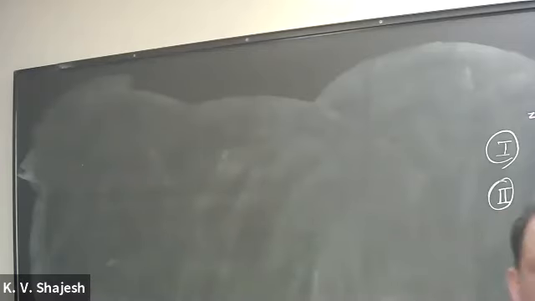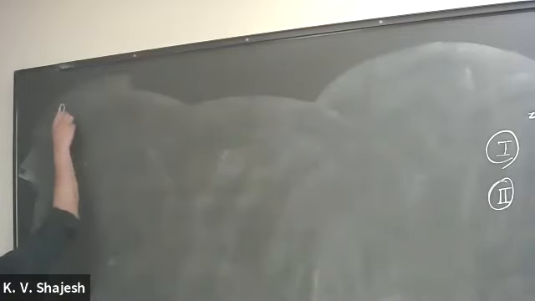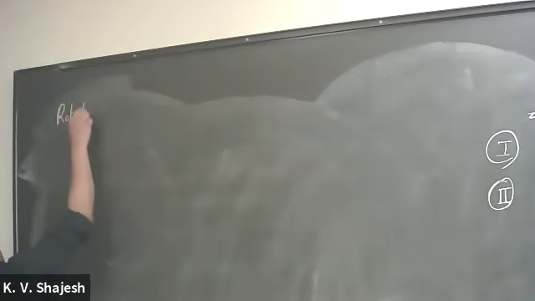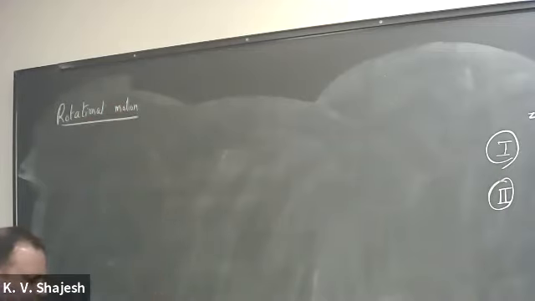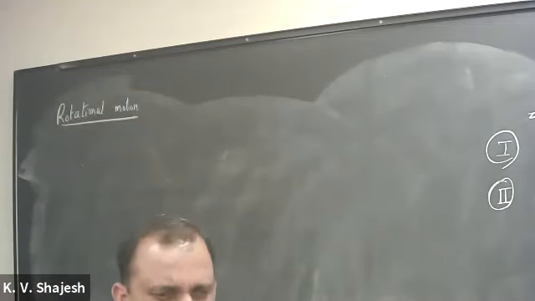We started discussing rotational motion, and the first thing we talked about is that rotational motion is with respect to an axis all the time. We did motivate why we are studying rotational motion.